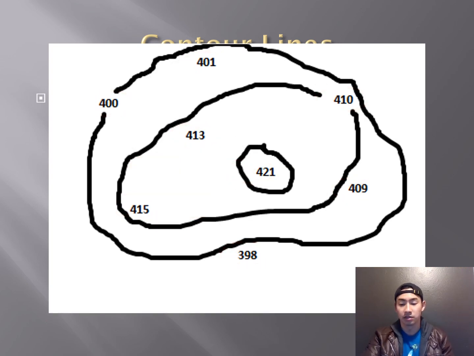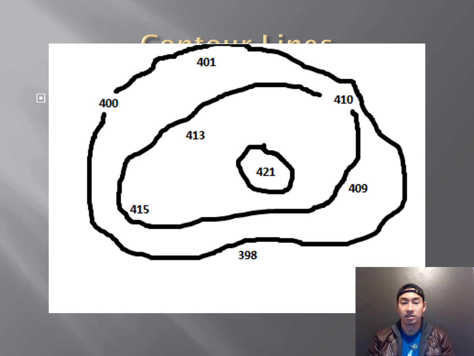Instead, we want something that looks more similar to this, where 400 is connected by that contour line. So anywhere on that black outer circle, we have 400 feet of elevation, if we assume that these are all written in feet. On the middle circle, we have an elevation point of 410.